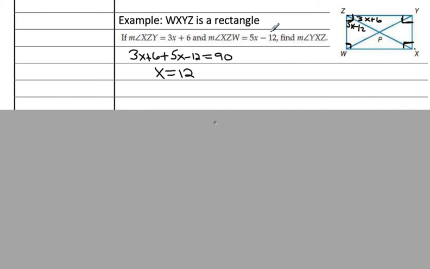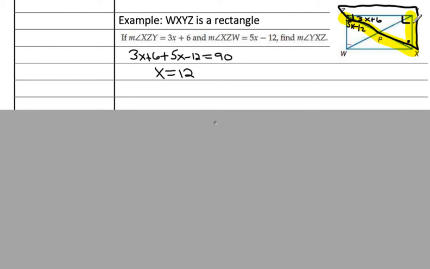But the question didn't say find x. The question says find the measure of YXZ. So that would be this angle right here. And now what's going to end up happening is we're looking for the third angle in a right triangle.